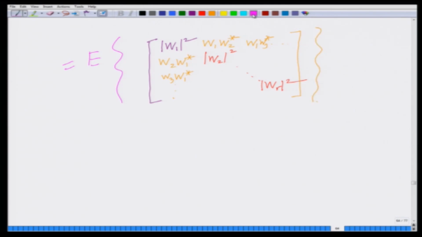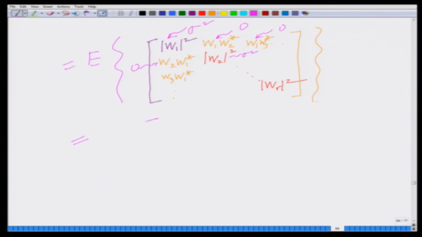If you look at this matrix, you can clearly see that all the diagonal elements, expected value of magnitude W1 square, magnitude W2 square, and so on, are sigma square, while the off-diagonal entries are 0.